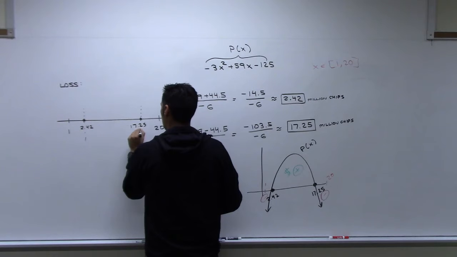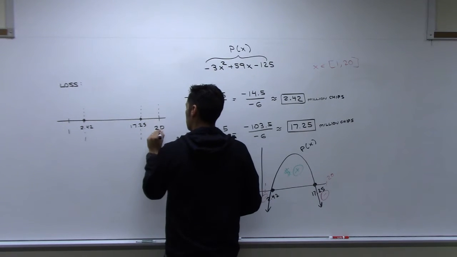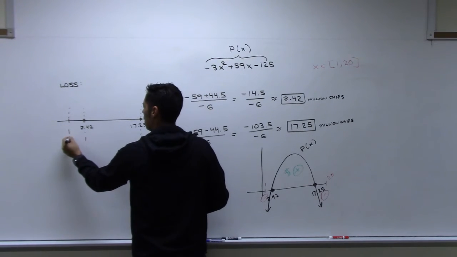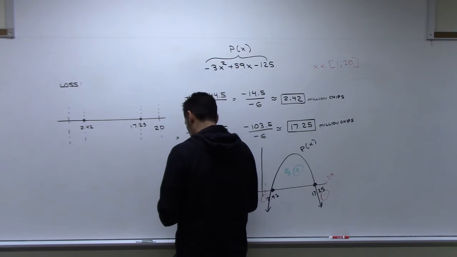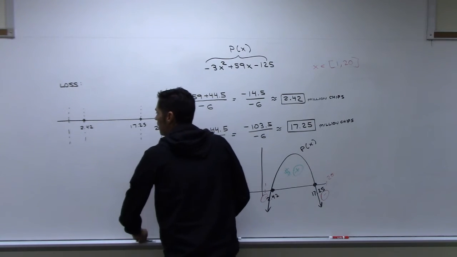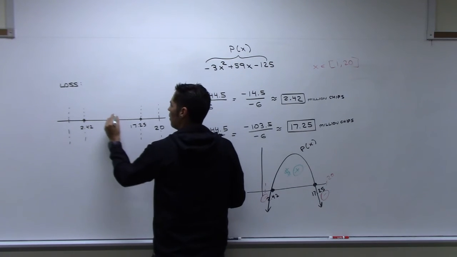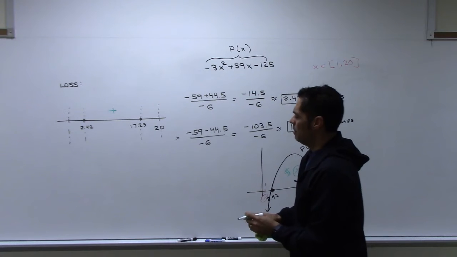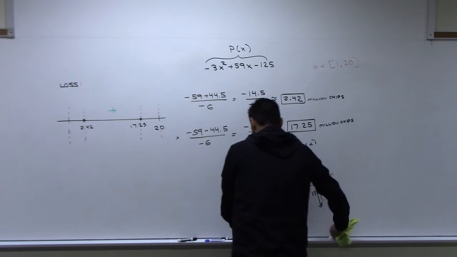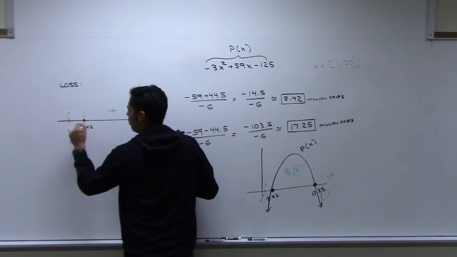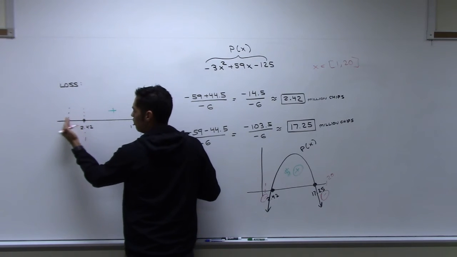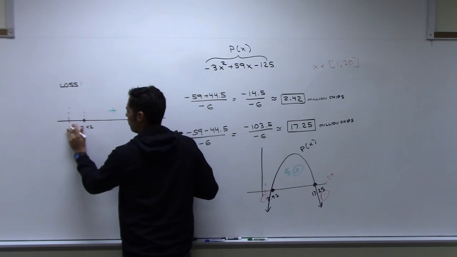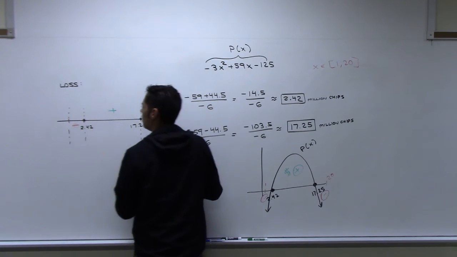If you break up our number line, we know that between 2.42 and 17.25, we have positive profit. And then we also know that to the left of 2.42, between 1 and 2.42, we have negative profit.